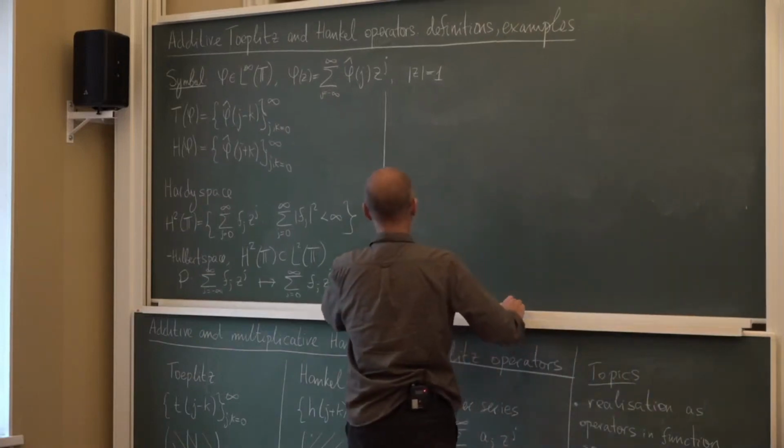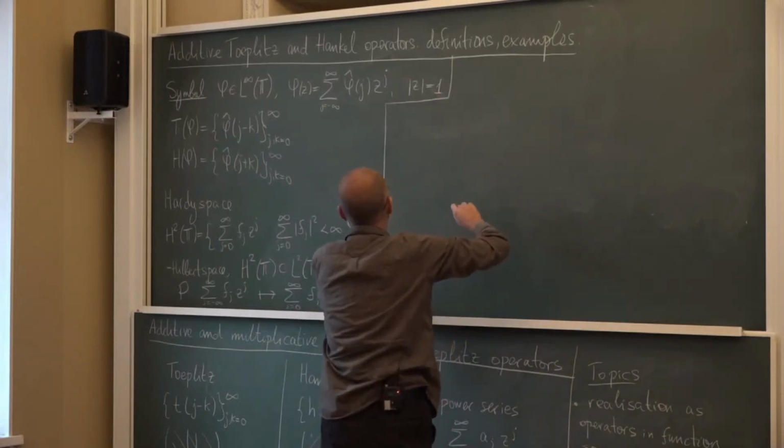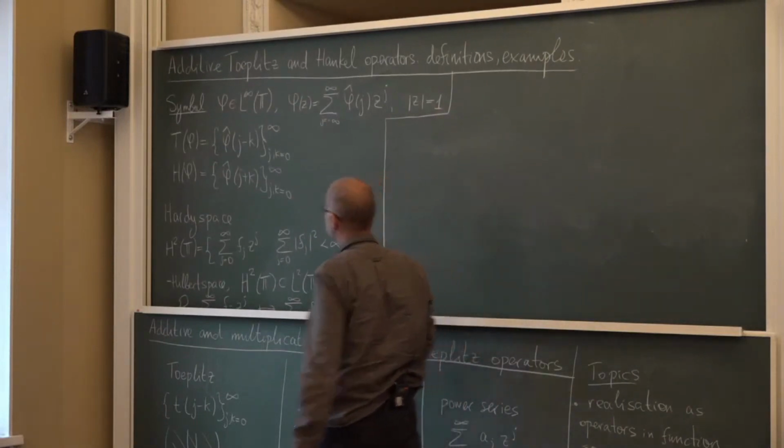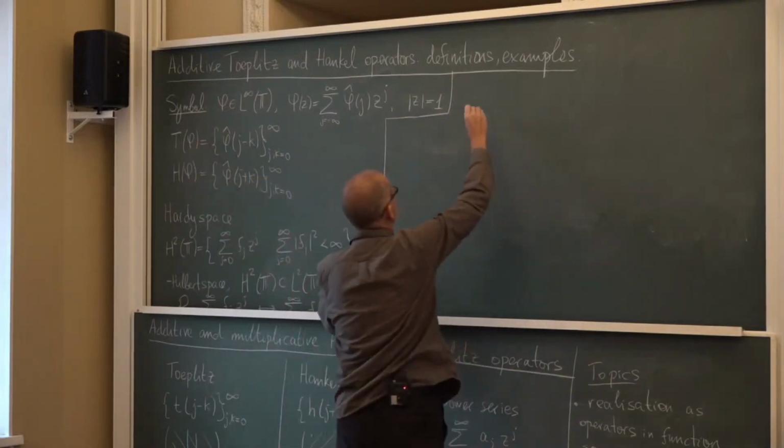And so I want to define the two operators. I will abuse notation a little bit, and I will use the same letters. You will understand why in a minute.